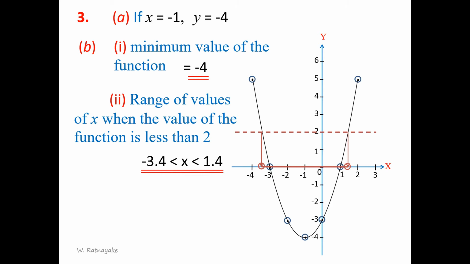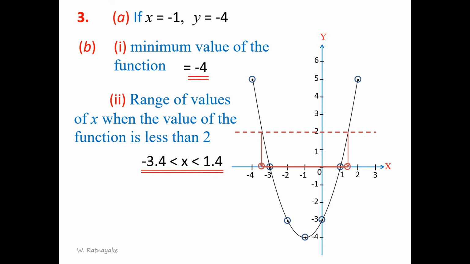So the limits are minus 3.4 and 1.4 for x. Between these two values the graph is under the line y equals 2. Therefore we have to take the values between these two as the range of values of x when the value of y is less than 2.